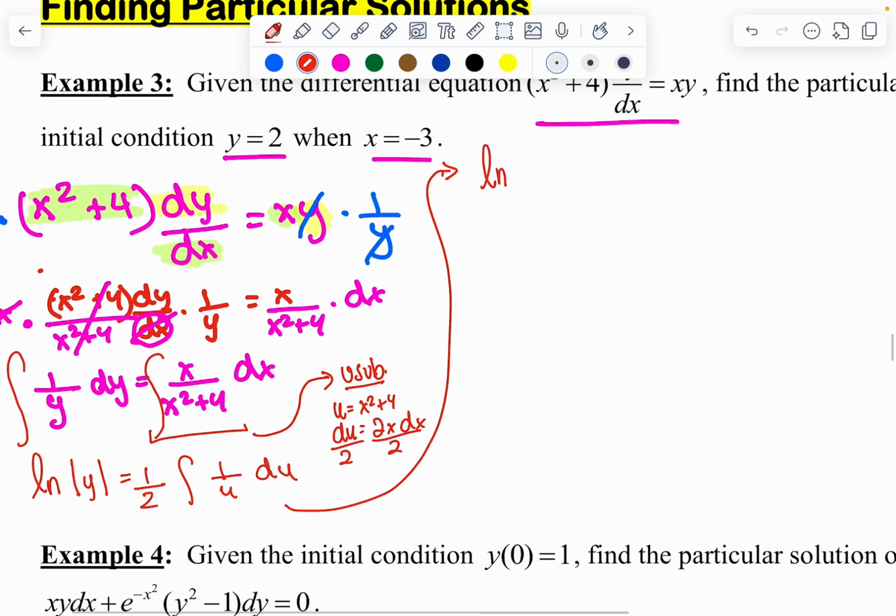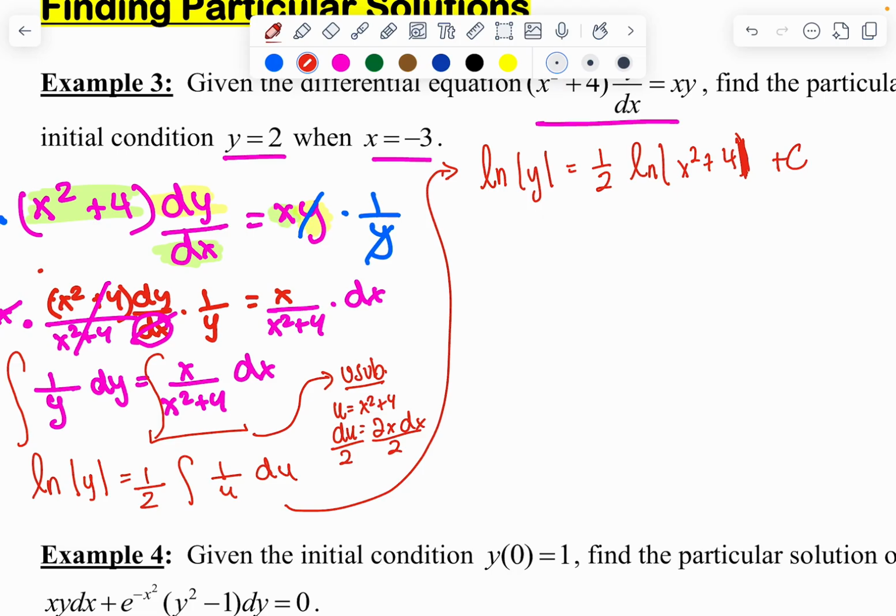Now we got ln of the absolute value of y is equal to 1/2 ln of the absolute value of u, and u in this case was x squared plus 4, absolute value, and then plus c, okay?